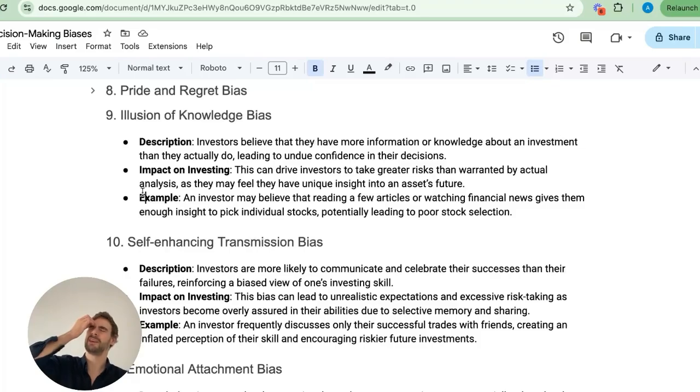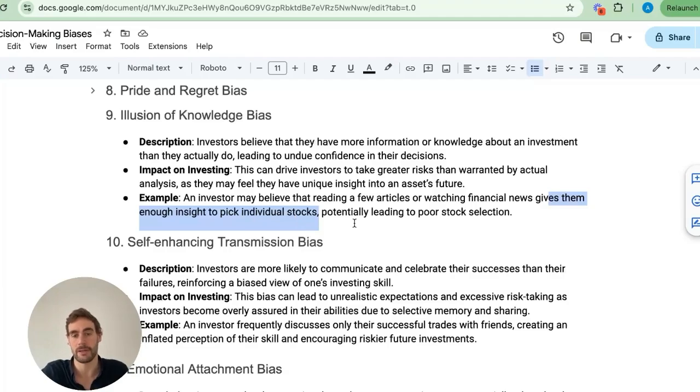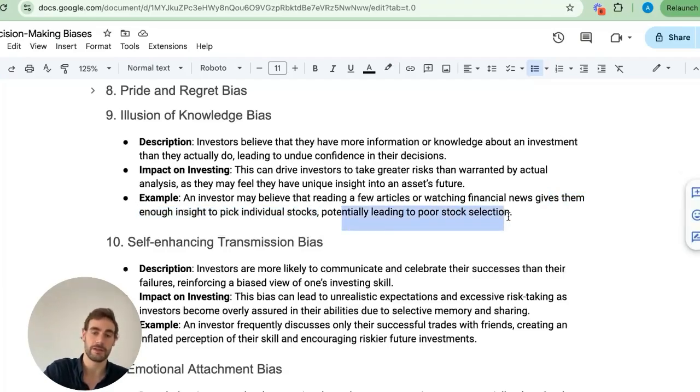A big issue that I see a lot of retail investors doing is reading a few articles or watching the financial news, and they believe that this gives them enough insight, enough information, to buy a company, potentially really leading to poor stock selection. Usually, everything that is on the news is already priced into the stock.